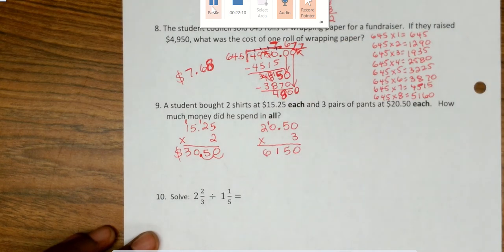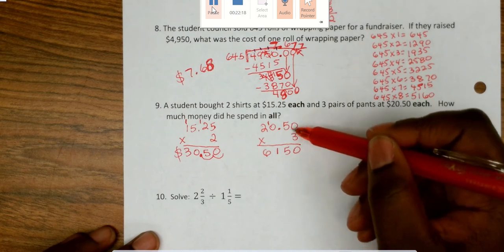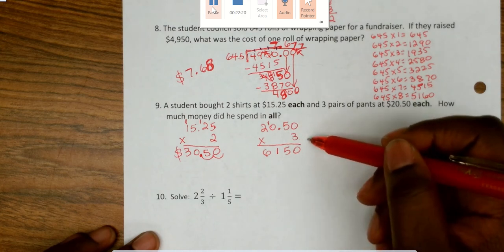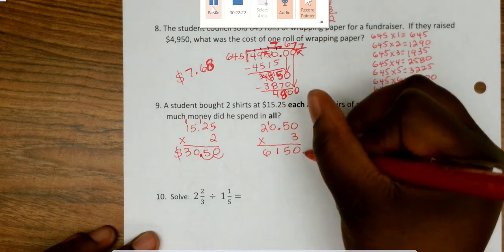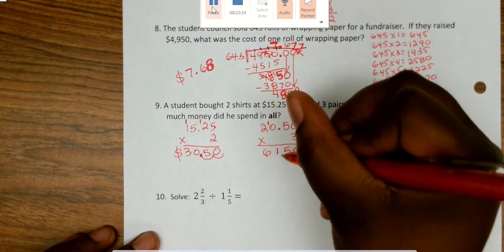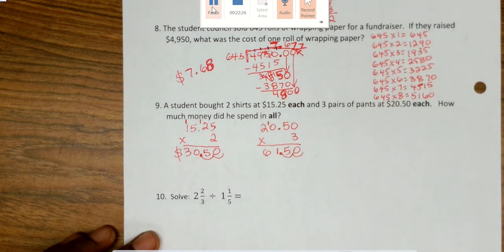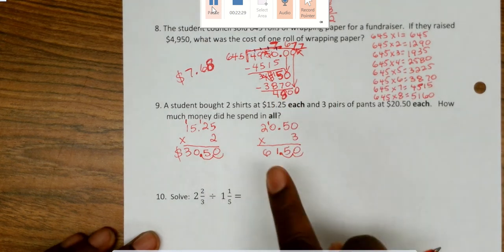Now we know that he didn't pay $6,150 for 3 pairs of pants at $20.50 each. So we need to look at our decimal places. There are 2 here and none here. So that means I'm moving twice. 1, 2.